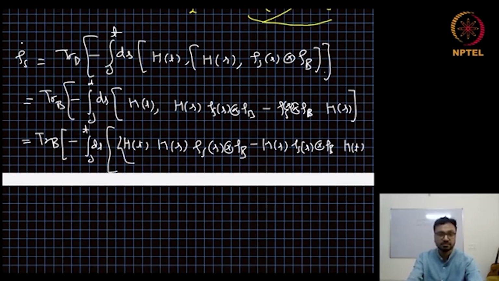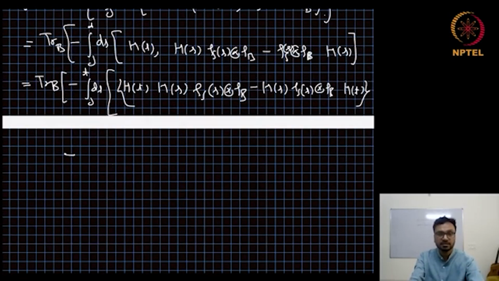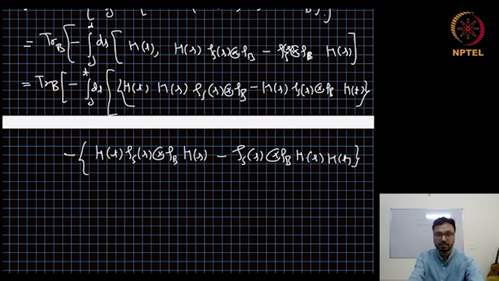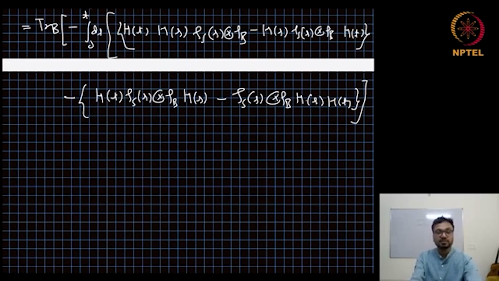This is the first term. And the second term is minus H(t) rho S(s) tensor rho B H(s), minus rho S(s) tensor rho B H(s) H(t). So these are the 4 terms we have. So we have to simplify all 4 terms to get the final expression for the dynamical equation.